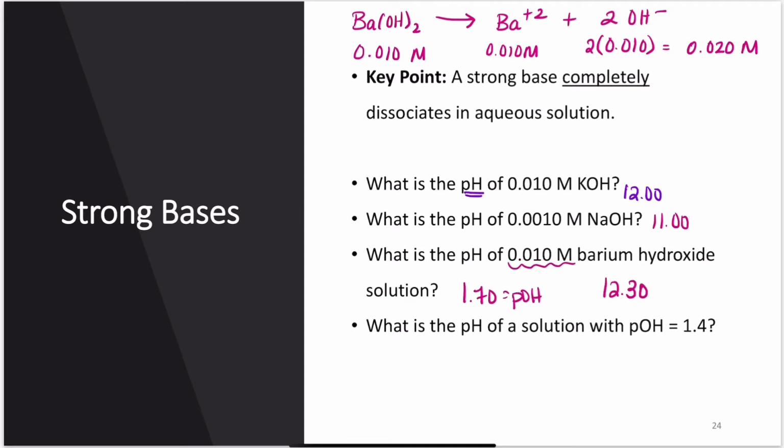So even though it's got the same concentration as the KOH here, it's producing more hydroxide ions in solution. It's bringing it to a higher pH value. What is the pH of a solution with a pOH of 1.4? That one, just take 14 minus your pOH.